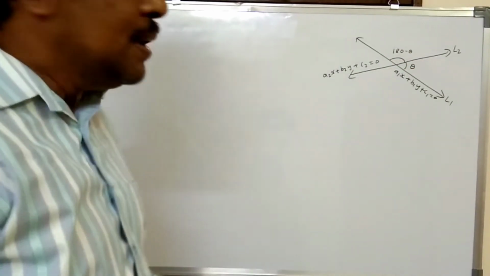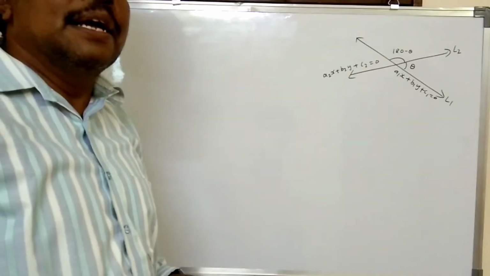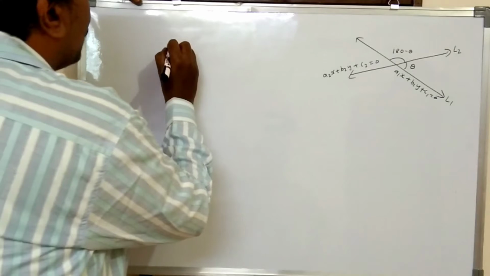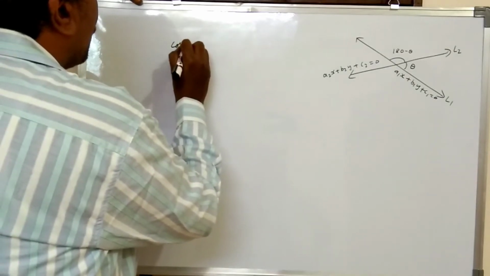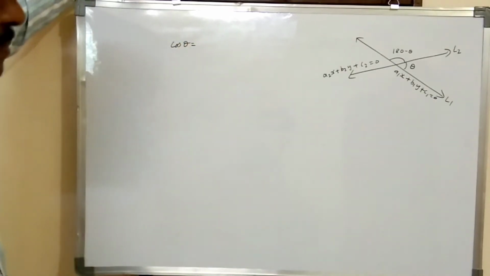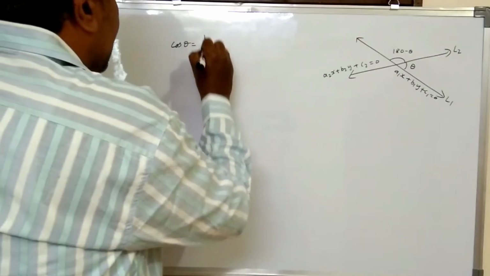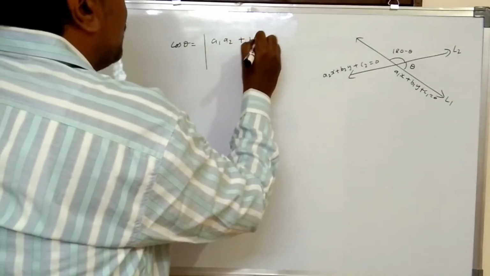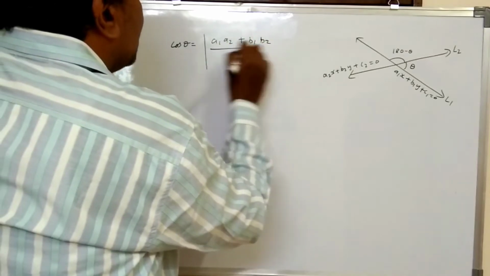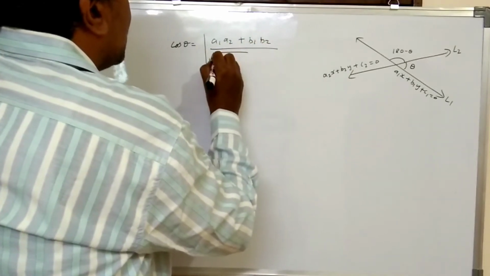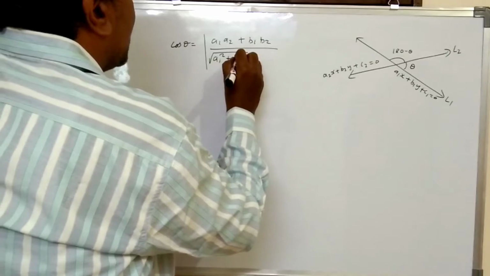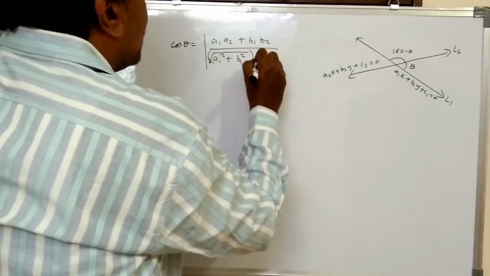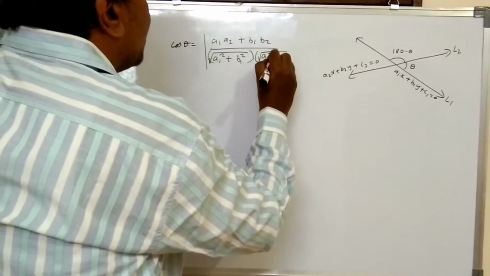We can find this angle in two different ways. The first one is by using cos theta. Cos theta is equal to modulus of A1 A2 plus B1 B2 by square root of A1 square plus B1 square into square root of A2 square plus B2 square.